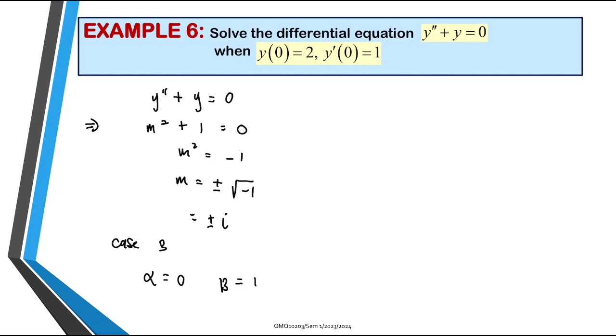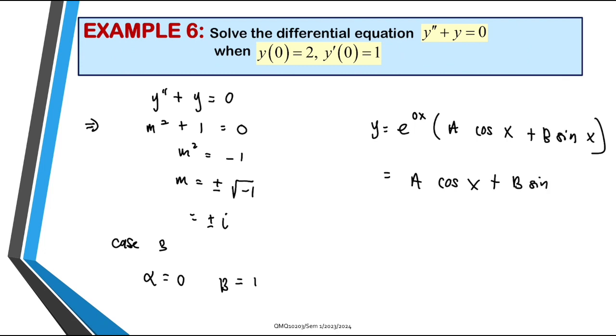So the solution will be e^(alpha x). So e^(0x) (a cos beta x plus b sin beta x), so a cos x plus b sin x. So this is the solution, a cos x plus b sin x. Alright, now we have a general solution.